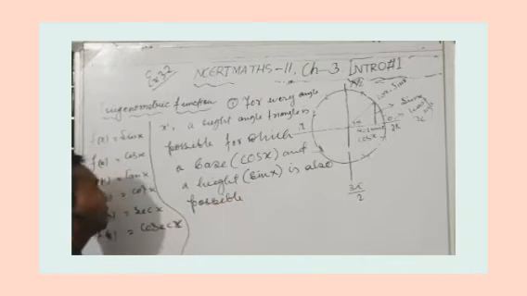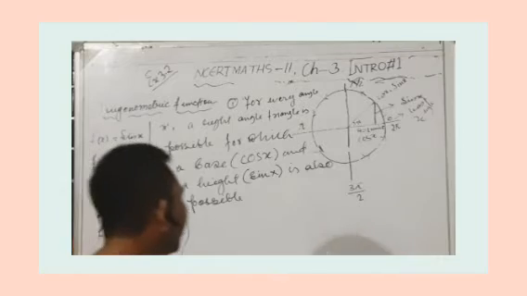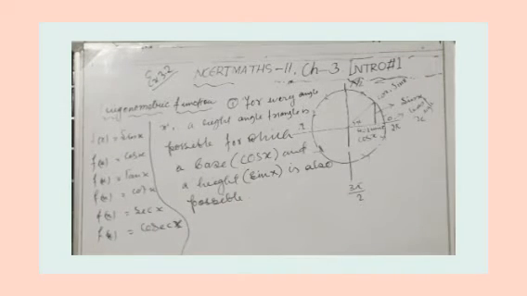What is possible? For every angle x, a right angle triangle is possible, for which the base is cos x and the height is sin x. I hope you understood.